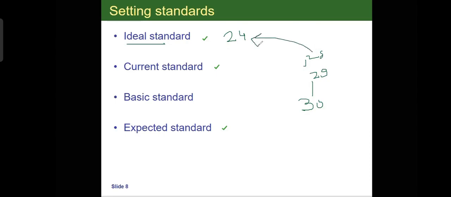We know that it is not possible today, and probably not tomorrow as well. But if we keep on improving, we know the end point which can be achieved. We may not achieve it, but at least we know that this is the end point. So in modern business environment, ideal standards are in fact a source of motivation.